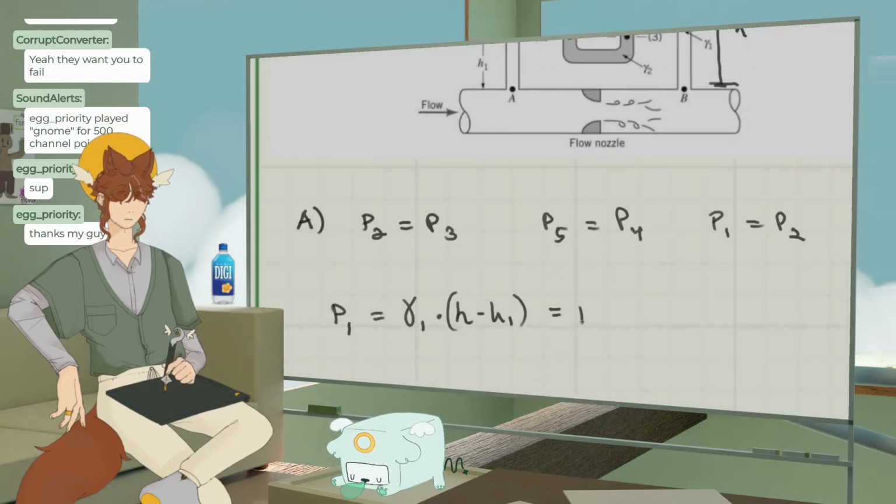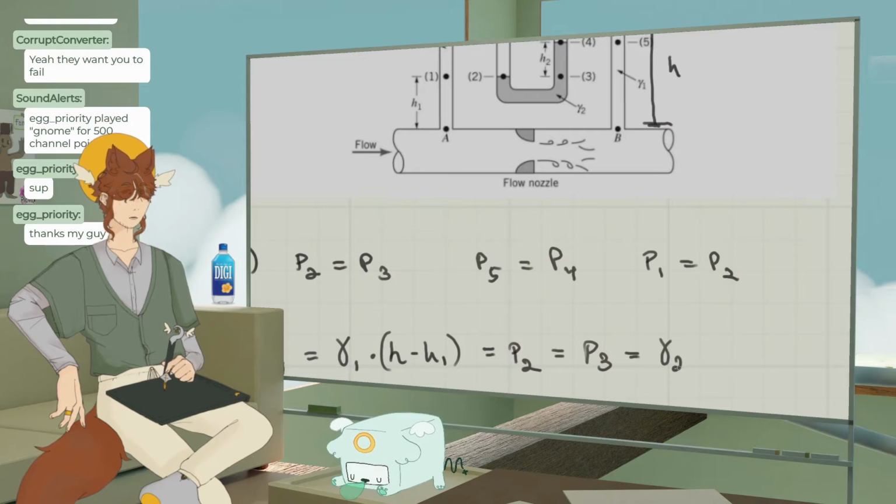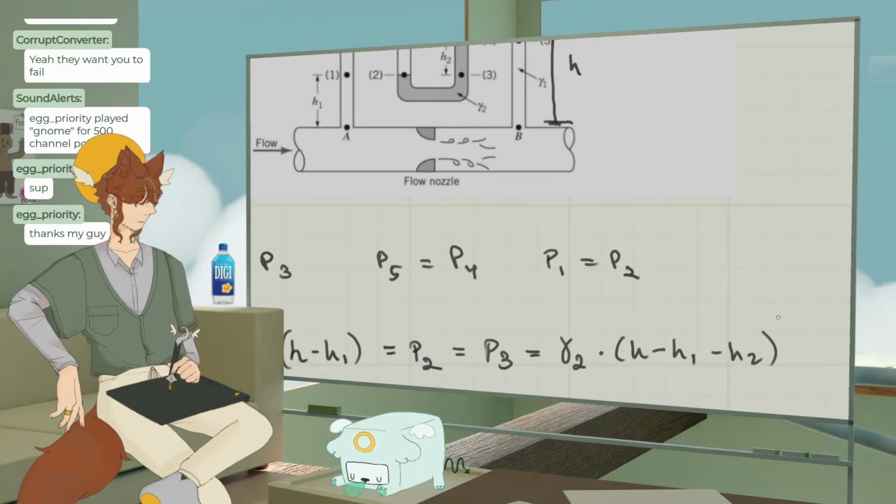And that's going to equal P2, which equals P3, which equals the specific gravity of fluid 2 times H minus H1 minus H2. Yeah, we're getting somewhere. We have some relationships between things.